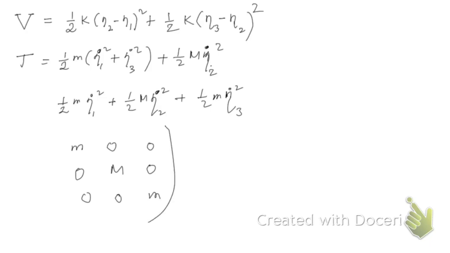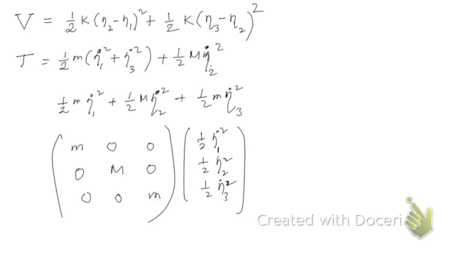And half eta1 dot square, half eta2 dot square, half eta3 dot square. So we can write this part as the product of these two matrices, right?